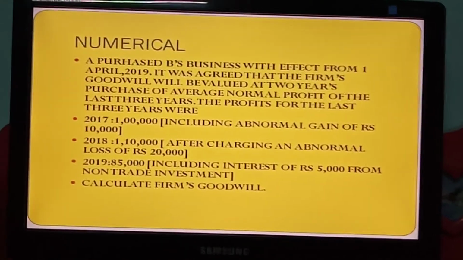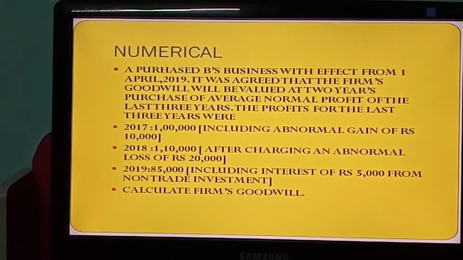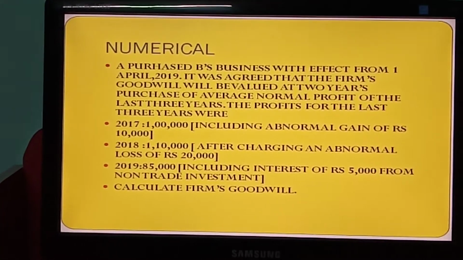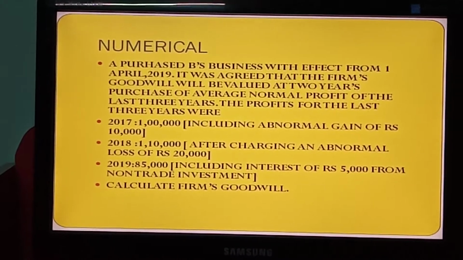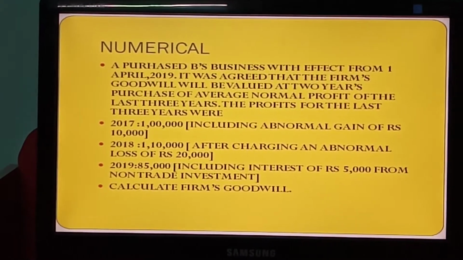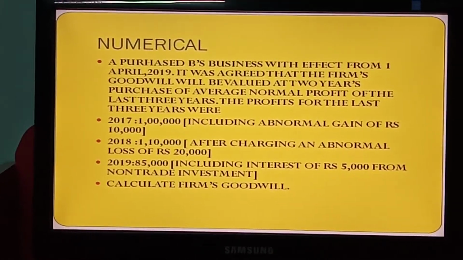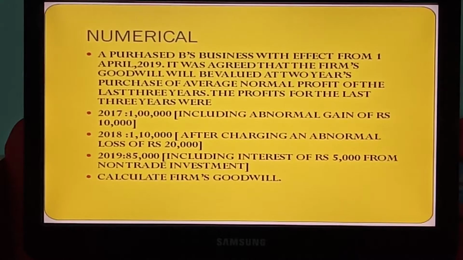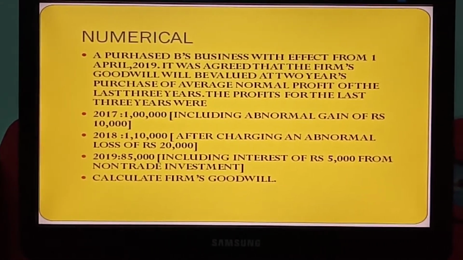Let's take an example in the form of a small numerical. For example, Mr. A purchased B's business with effect from 1st April 2019, and it was agreed that the firm's goodwill will be valued at 2 years purchase of average normal profit of the last 3 years. The profits for the last 3 years were: in 2017, 1 lakh, which includes an abnormal gain of rupees 10,000.